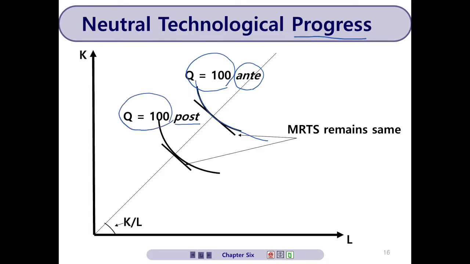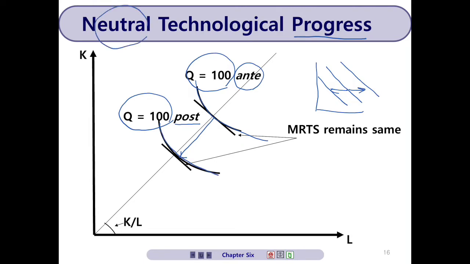this is the same 100. Our isoquant shifts inward, like demand shifting outward or inward. As we shift this isoquant curve, we have already defined technological progress.